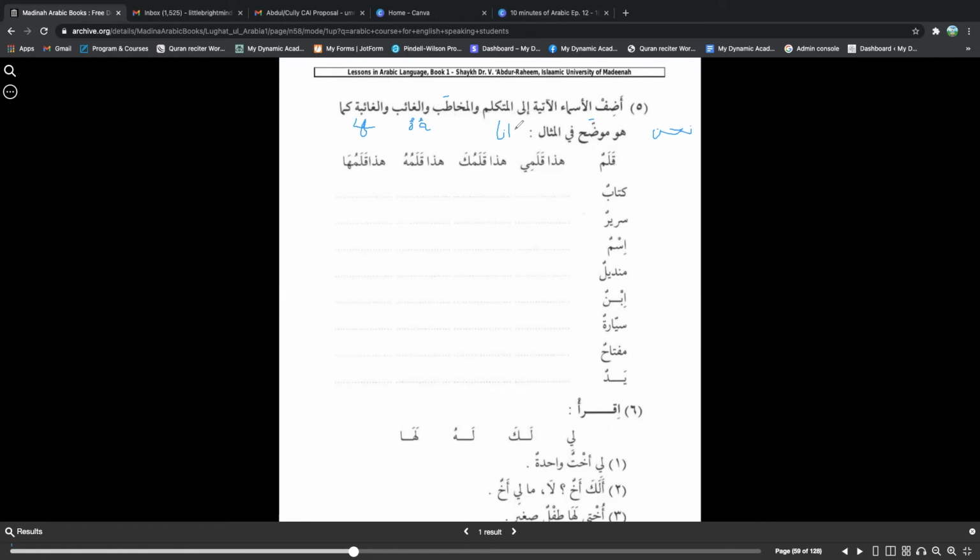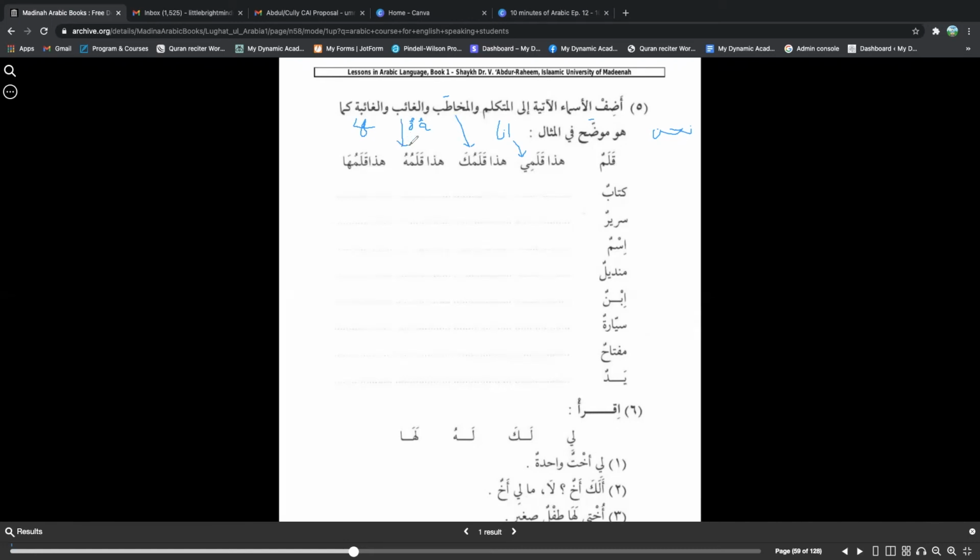First المتكلم, here is أنا, this is the متكلم. هذا قلمي, this is my pen. And now we're going to do the مخاطب, which is the only one they're going over so far, the masculine you: هذا قلمك. This is your pen. That's مخاطب.